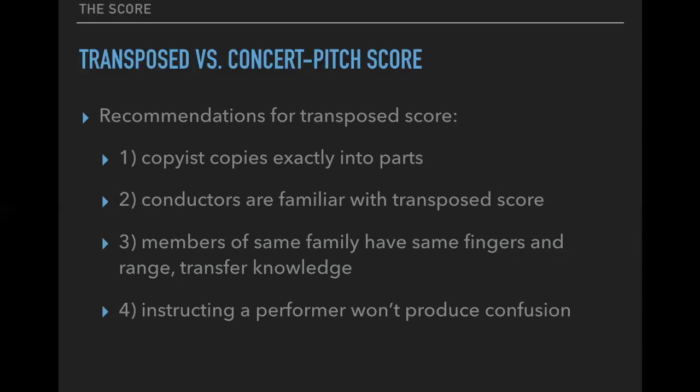And instructing a performer won't produce confusion. I have seen this where there's confusion between the score, the conductor, and the performer. Imagine if there was a discrepancy between the two, or if, let's say, the conductor is having trouble communicating what the note should be.